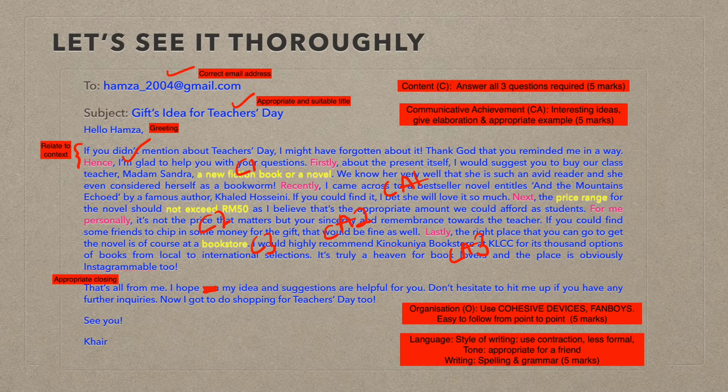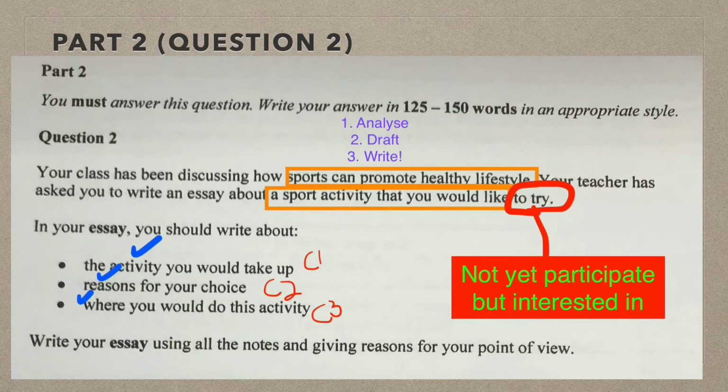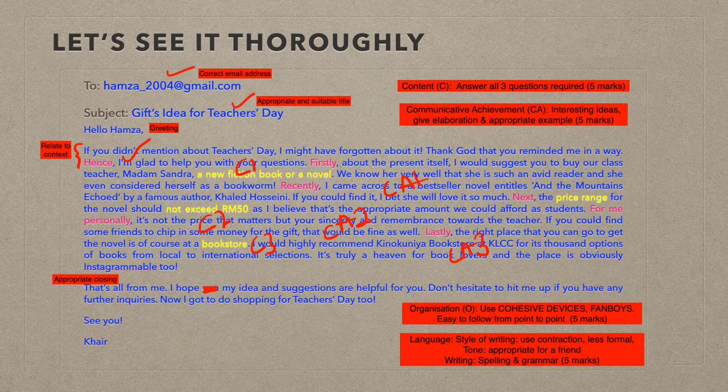Let's look more. C1 is for the first question, the first requirement, sorry. What should I buy? So you suggest to buy a new fictional book. So you answered the question already. And then CA1.